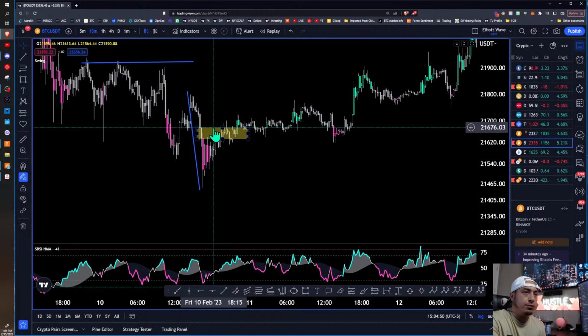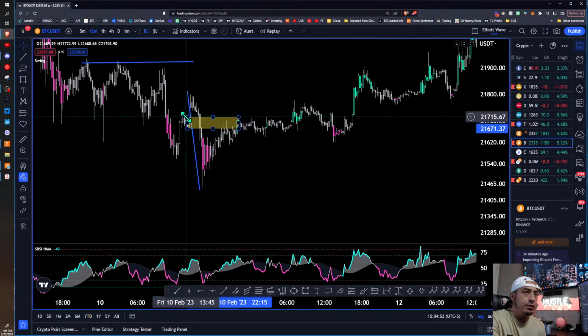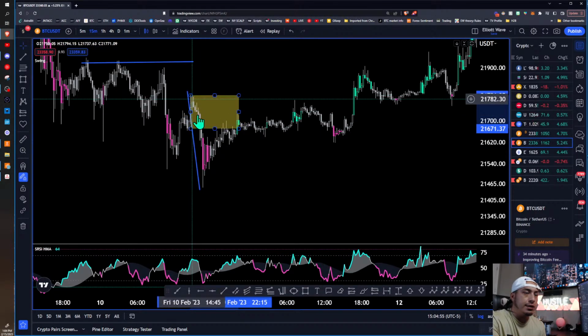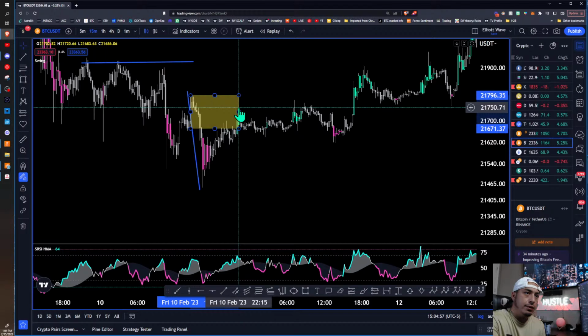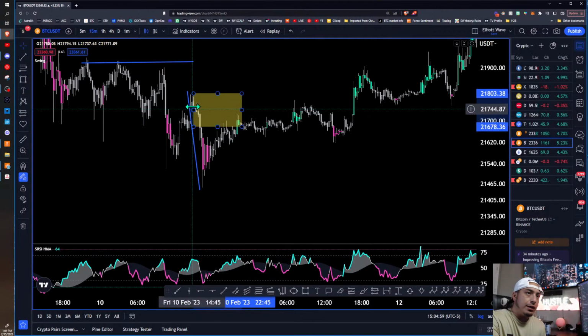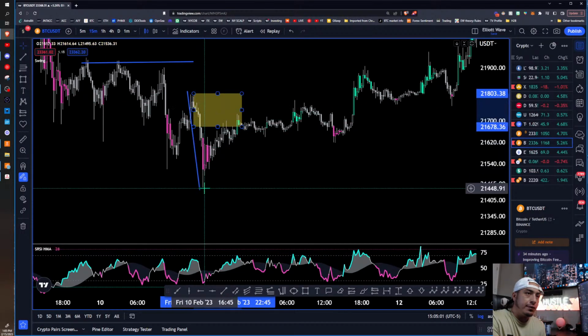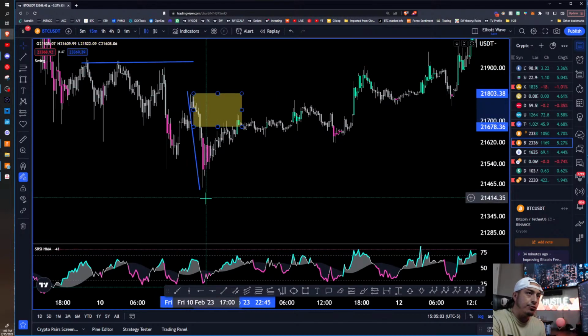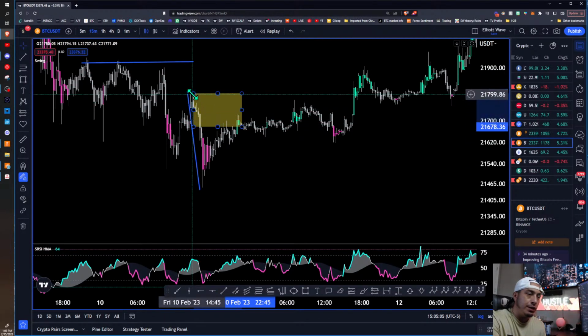One may argue this entire movement could be considered it, but I usually like using the movement that created the divergence, unless you want to consider this entire move, which then this would be one of those X pivots.